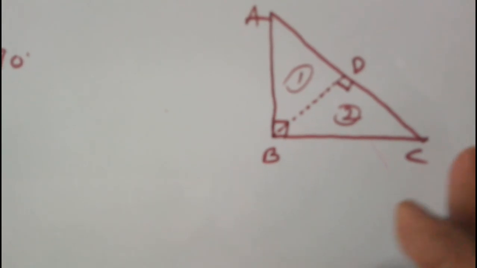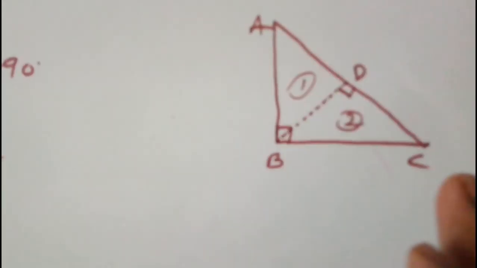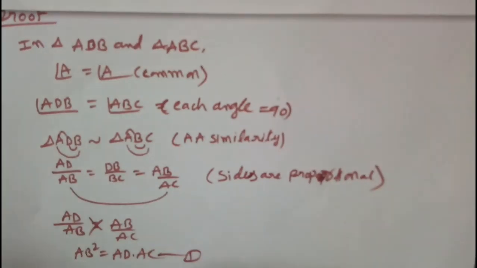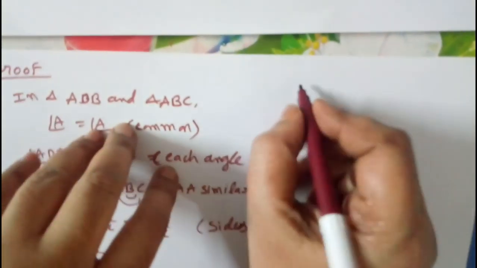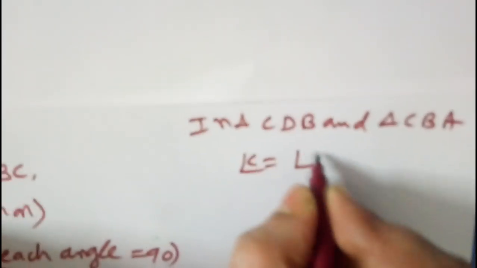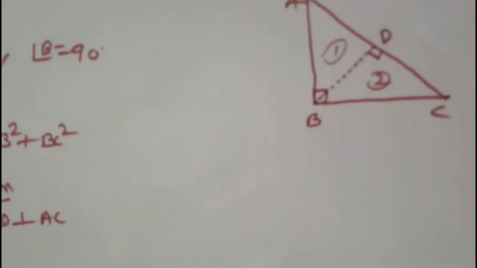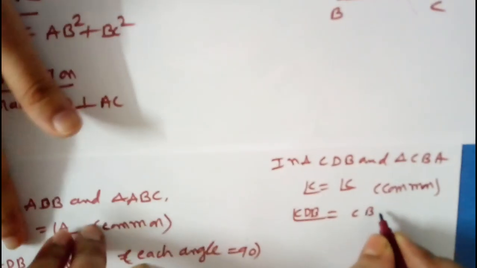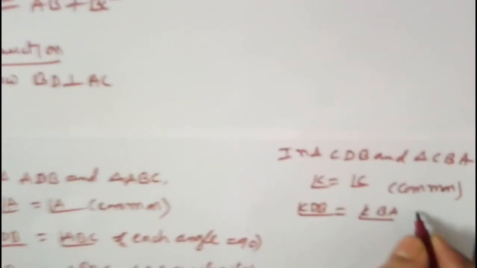Next, consider triangles CDB and CBA. In these two triangles, angle C is common, angle C is equal to angle C. Angle CDB is equal to angle CBA, each angle 90 degrees.